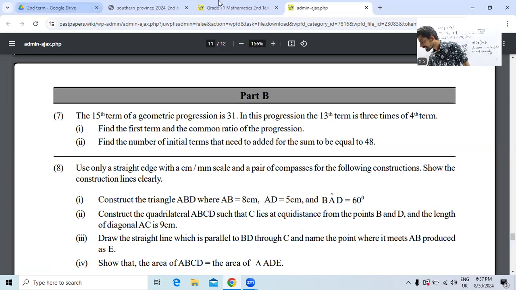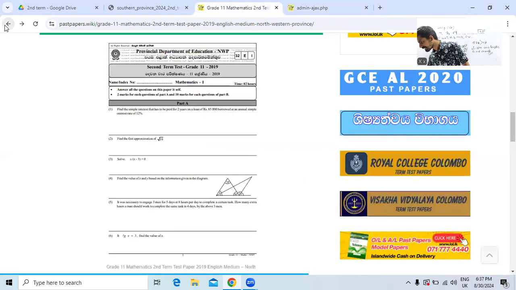First we are going to discuss some arithmetic progressions, right?